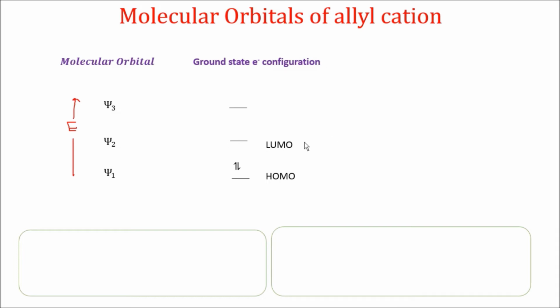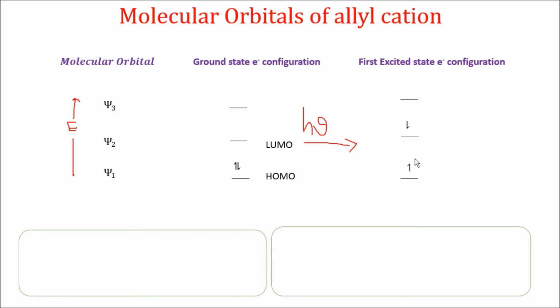Now let's irradiate allyl cation in the presence of light. So what will happen? It undergoes the first excited state, or photochemical condition. Now the electron present in the Psi1 molecular orbital promotes to Psi2.